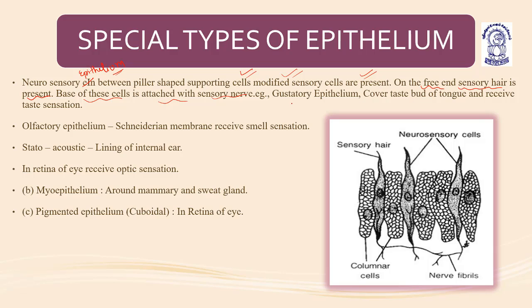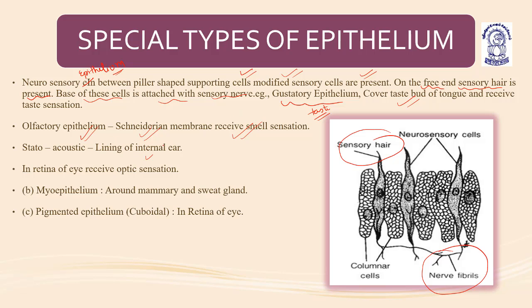For example, gustatory epithelium covers the taste buds of the tongue and receives taste sensation. You can see in the picture the sensory hair; they are pillar-like columnar cells, with nerve fibers attached to them. These are neurosensory cells. Olfactory epithelium, the Schneiderian membrane, receives smell sensation.